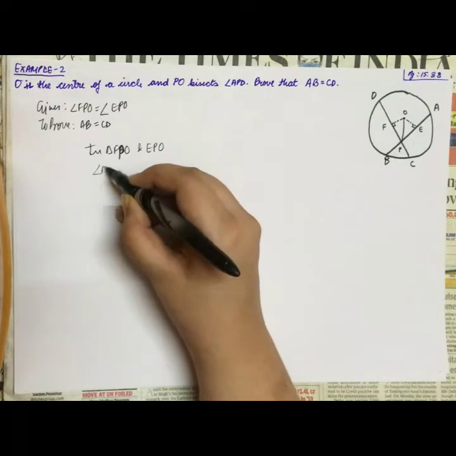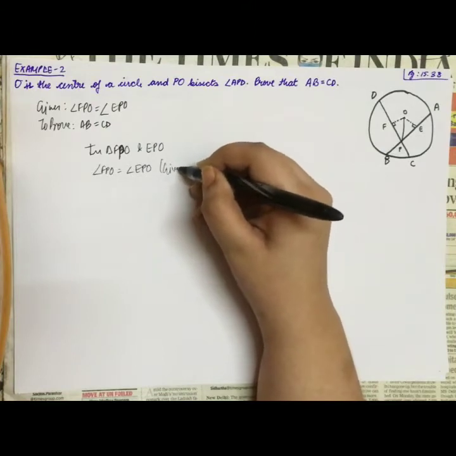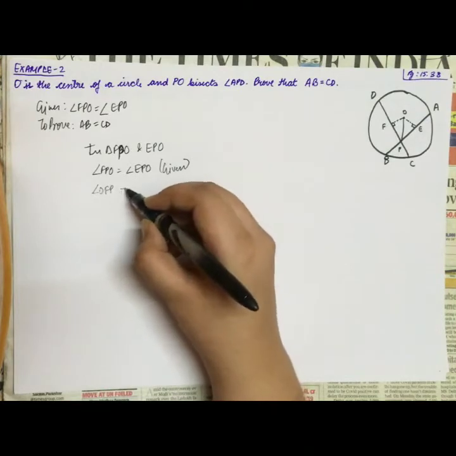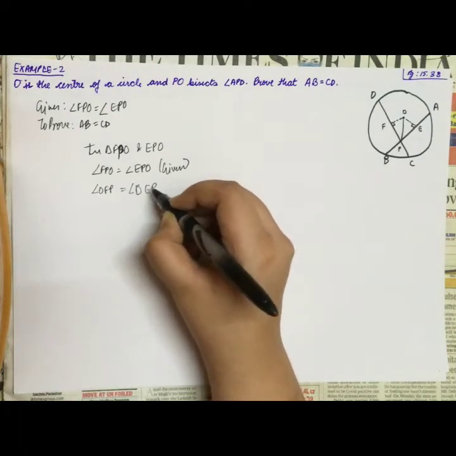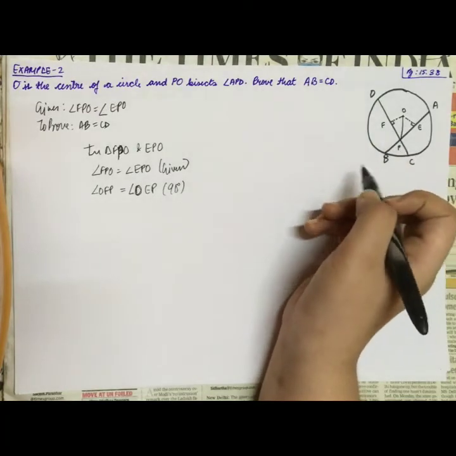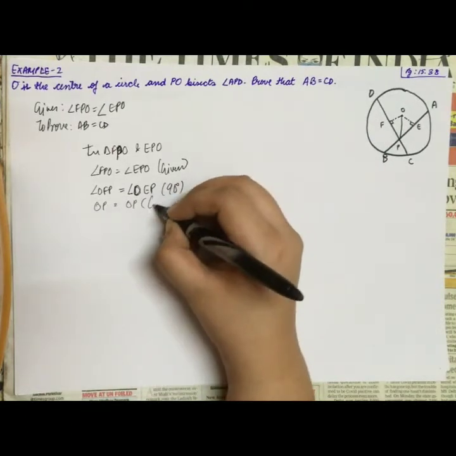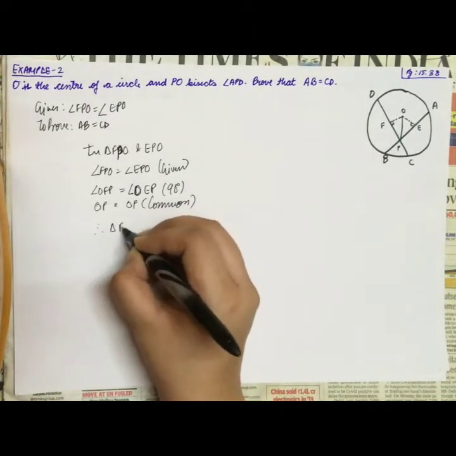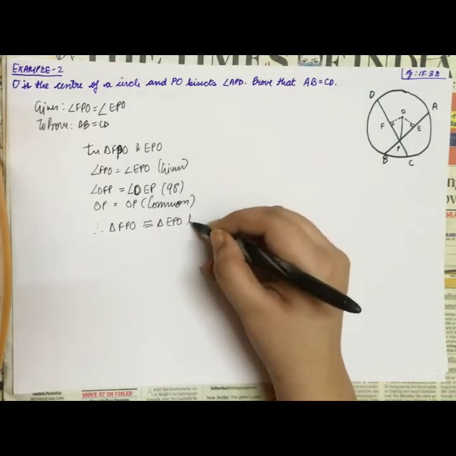Angle FPO is equal to angle EPO as this is given to us, and angle OFP is equal to angle OEP as they both are 90 degrees, since OF and OE are perpendicular to DC and AB, and OP is equal to OP, so it is common. Therefore, triangle FPO is congruent to triangle EPO by RHS rule.